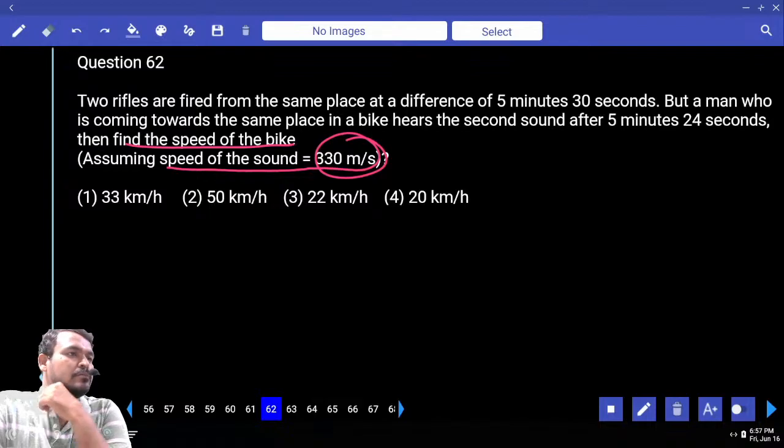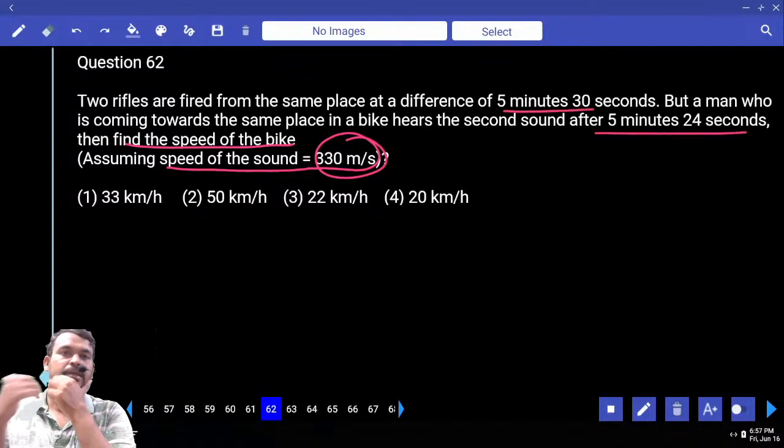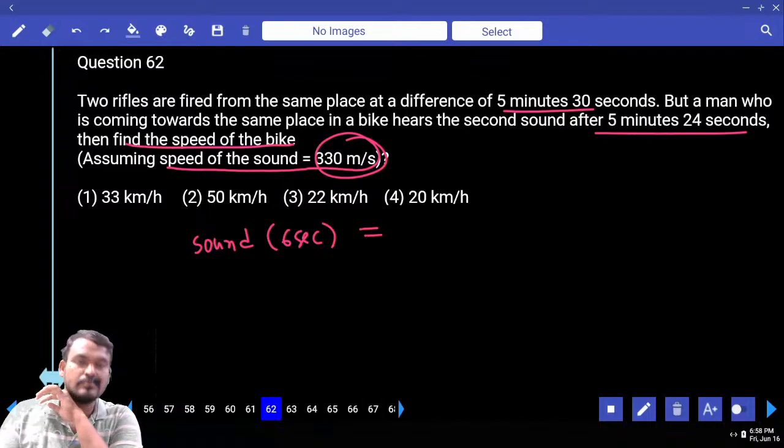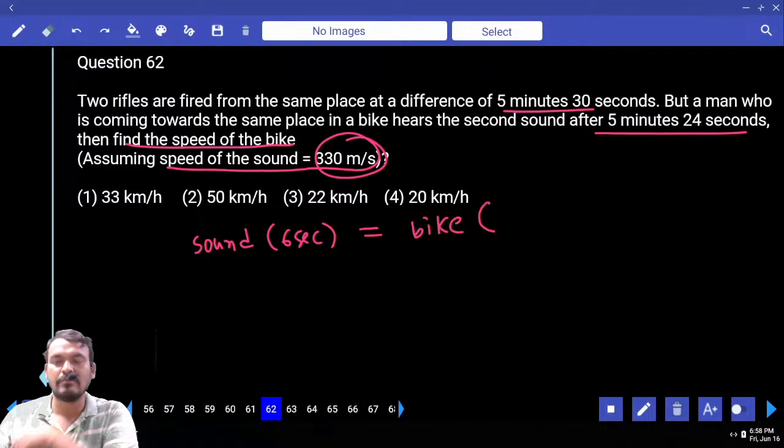Sound traveled 6 seconds distance, equal to bike traveled 5 minutes 24 seconds distance.